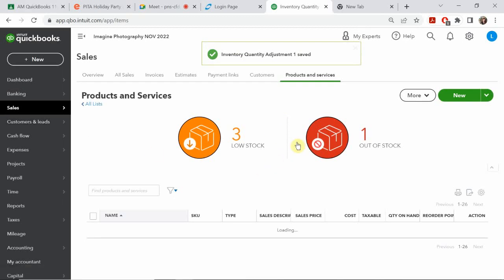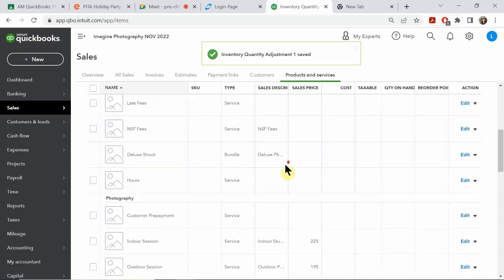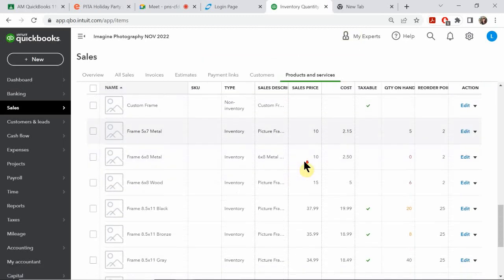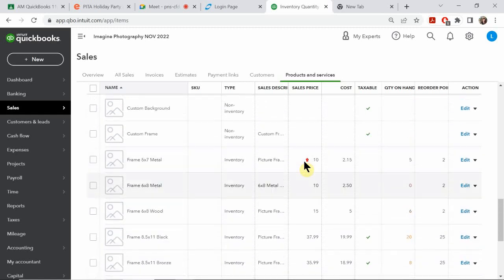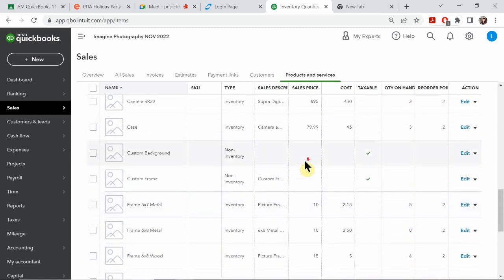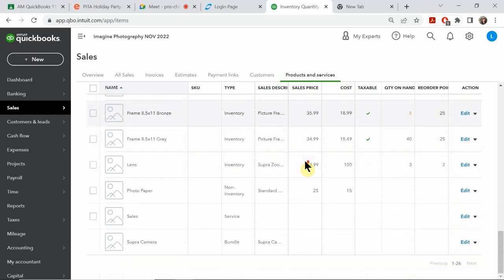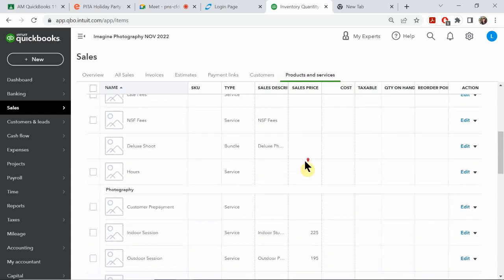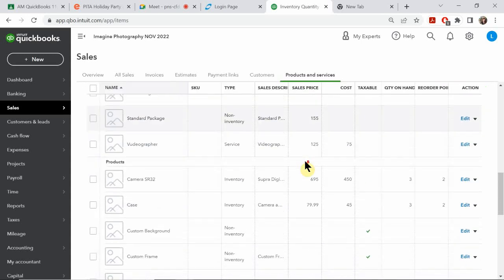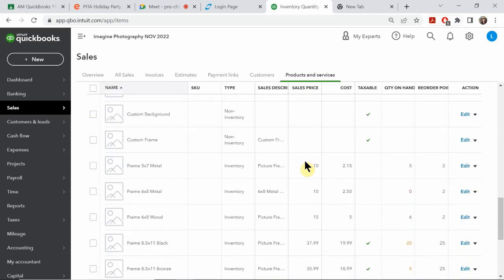So if I actually go to my inventory center here and I scroll down, what you're going to notice is now my picture frames have been adjusted. Let me see, where are the picture frames? I think I just missed it. Okay.